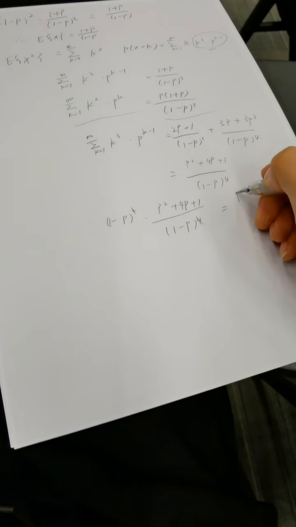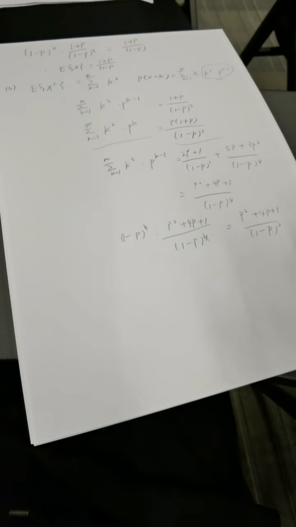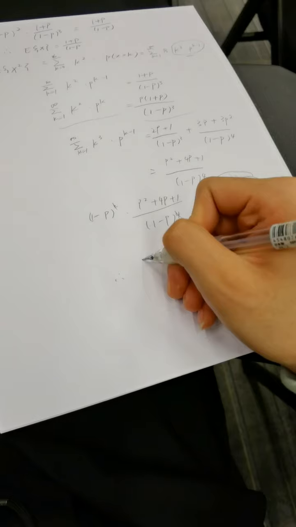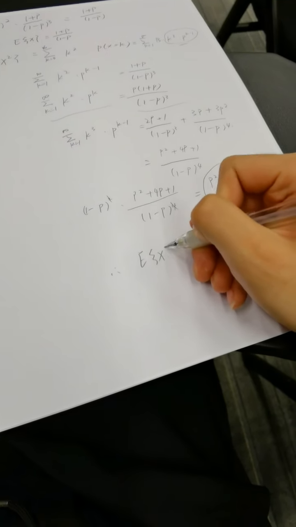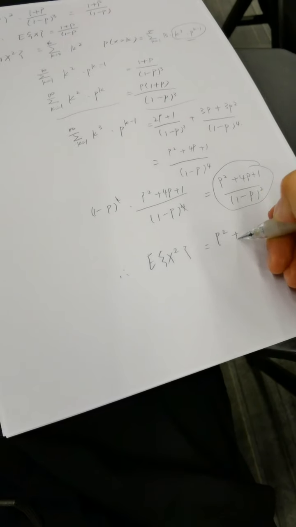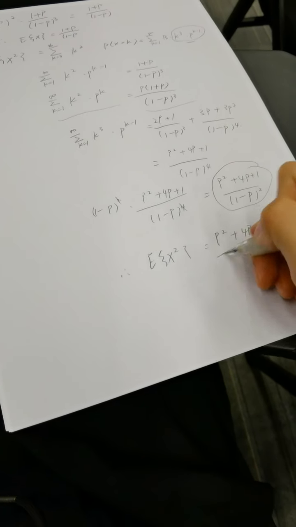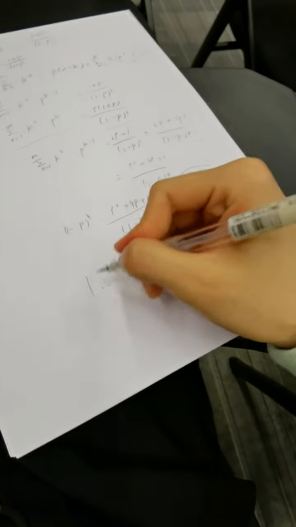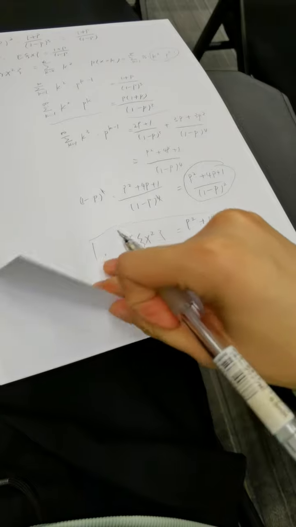So this equation equal to p to twice plus 4p plus 1 divided by 1 minus p to the twice. So this is E of X squared equal to p twice plus 4p plus 1 divided by 1 minus p to the twice. So this is the solution for the third part.